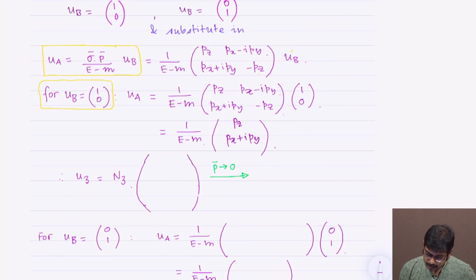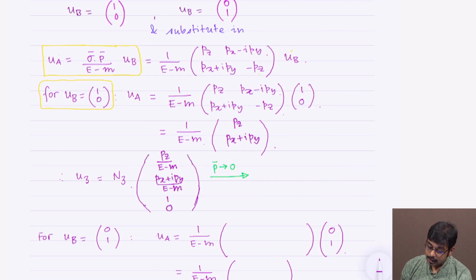Now, if I want to write the full Dirac solution, remember that first we have to write u a and then u b. So, this will be p z by e minus m and then p x plus I p y by e minus m, and this was for the choice of u b with 1 0.